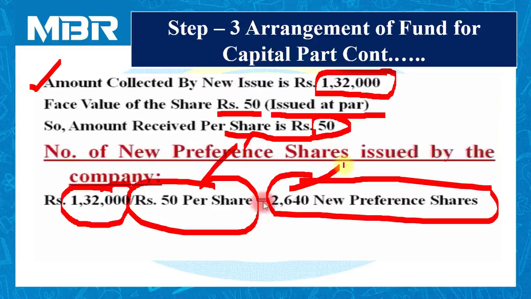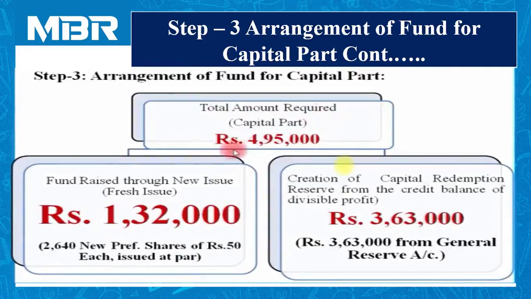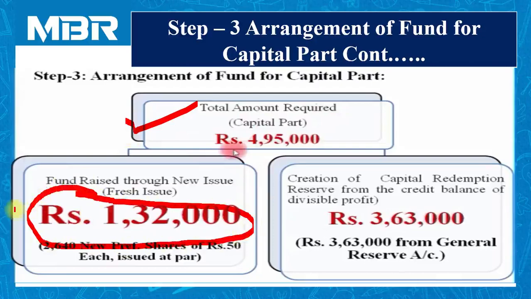Now, if you are clear about the new preference shares issued by the company, using the prototype, stereotype calculations that we discussed in the previous session, let us complete the chart for the arrangement of funds for the capital part. That is step number 3. Our total requirement is rupees 4,95,000. We can collect rupees 1,32,000 from the new issue of 2,640 preference shares of rupees 50 each.